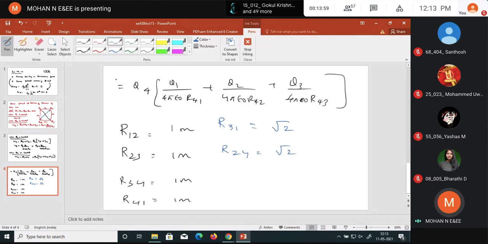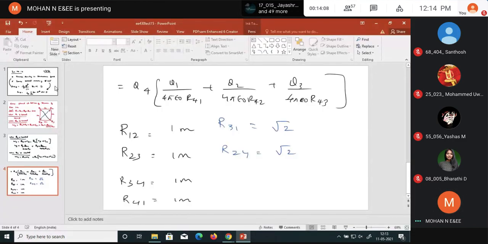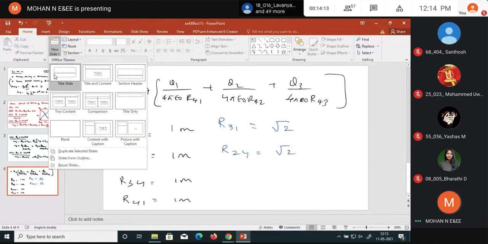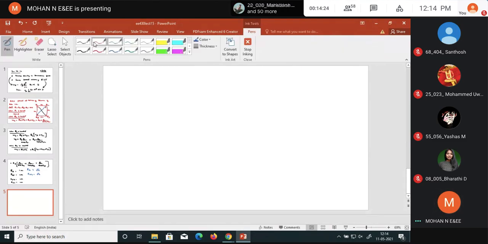Now you just have to solve for the values: W1 is equal to 0, then W2, W3, and W4.